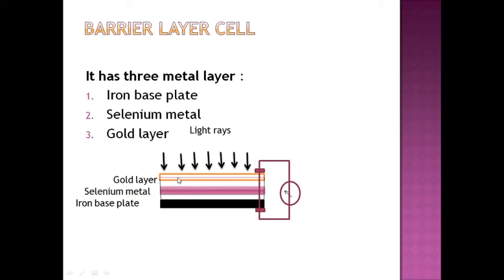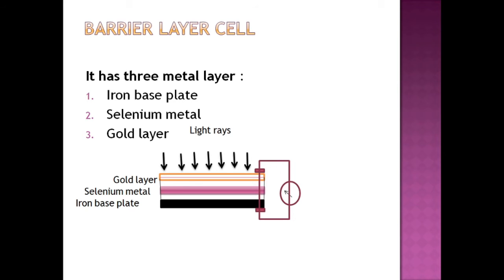First one is the metal base plate, which is of iron. Then the selenium metal plate, which is a semiconductor. That selenium metal plate is coated with gold or silver. Next is the gold layer.